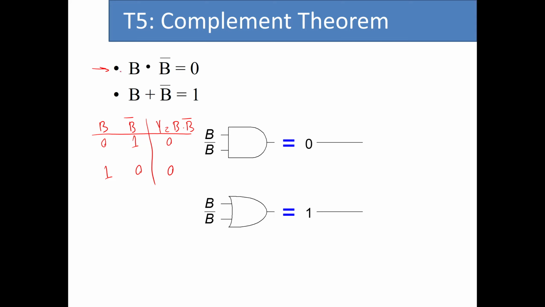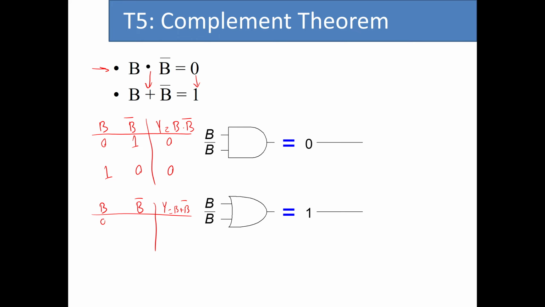As for the dual theorem, we have to switch all the ANDs with ORs and all the zeros with 1s. So this one states that if you OR b with its complement, the output is always 1. And let me just quickly verify this using perfect induction. So y here is b OR b bar.